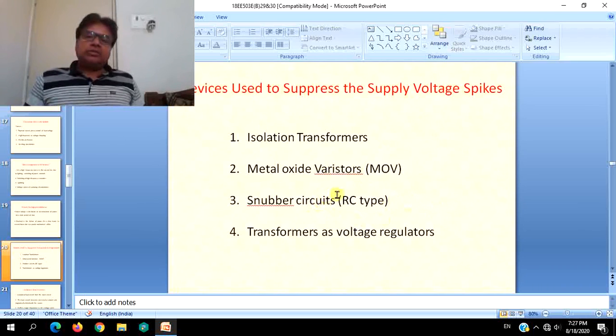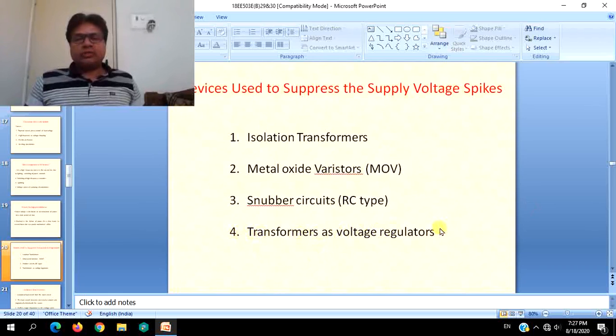They provide paths for the remaining energy to be released, or they snub out the extra energy stored in the form of voltage spikes by providing diverted paths. That is why they are called snubber circuits.